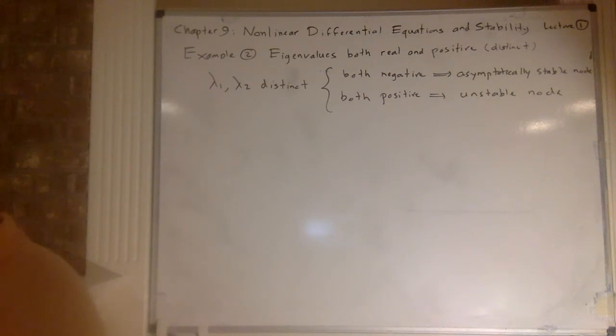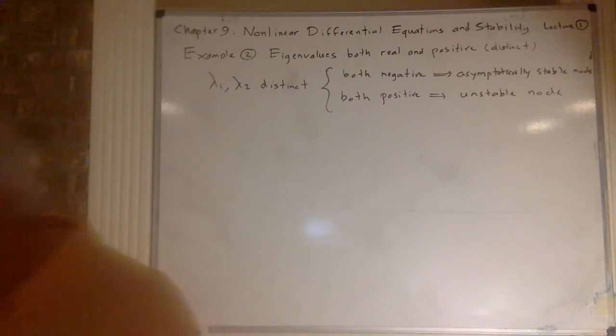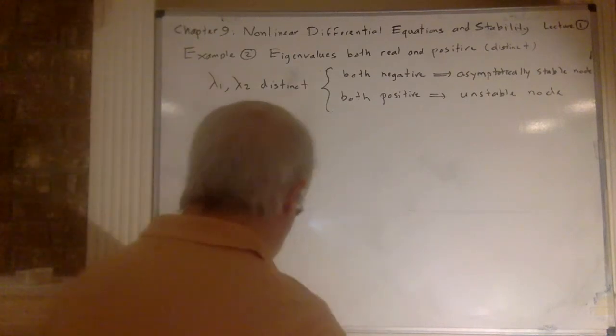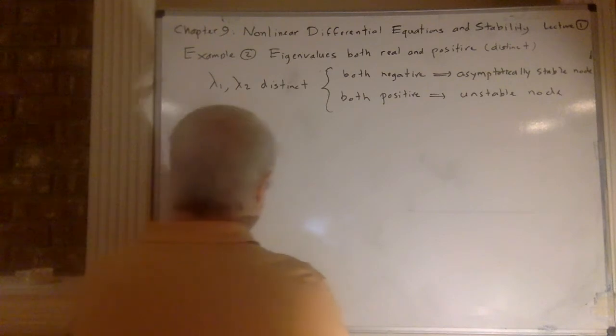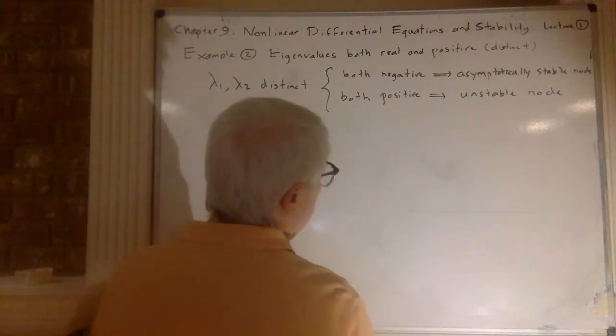Okay. Well, let me find one that has two eigenvalues. Well, I will explain then because I don't want to just. So what happens if they are distinct?